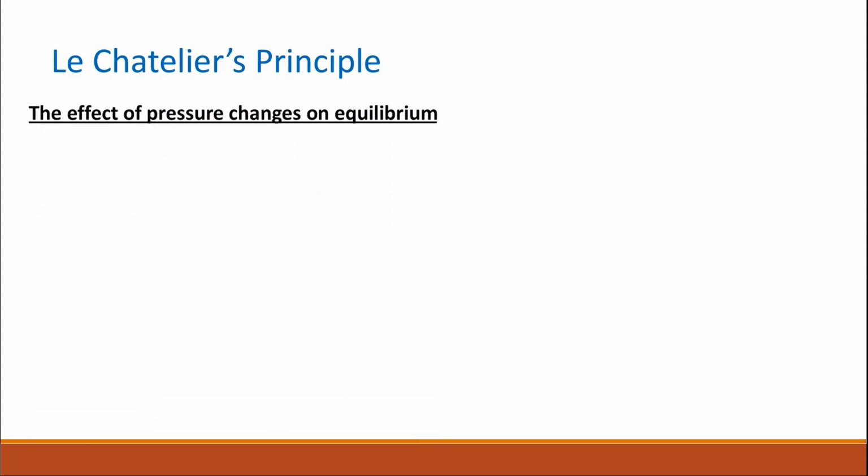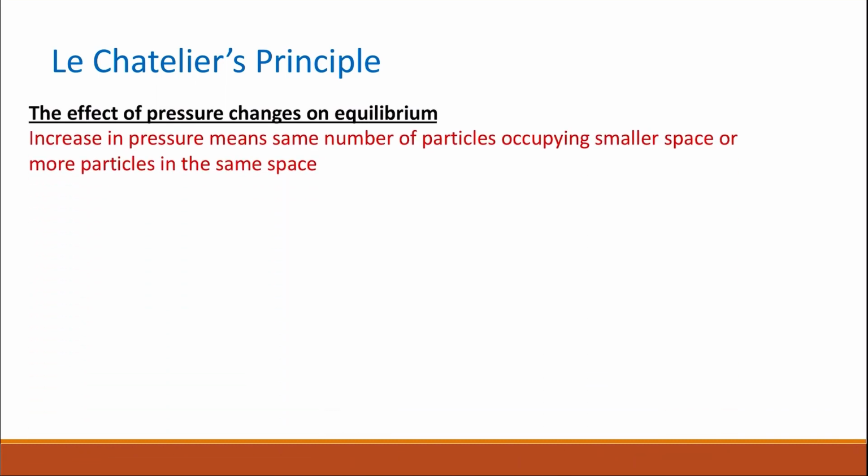The last factor that can affect the position of the equilibrium for a reversible reaction is the pressure. When we talk about pressure, we are talking about gaseous systems, because pressure only applies to gaseous systems. It doesn't apply to solutions. So what do we mean by changing the pressure of the system?